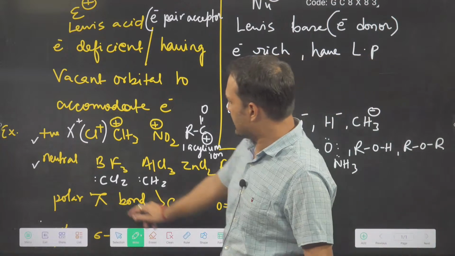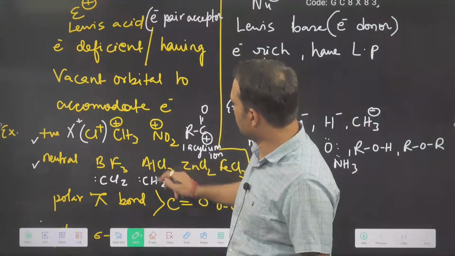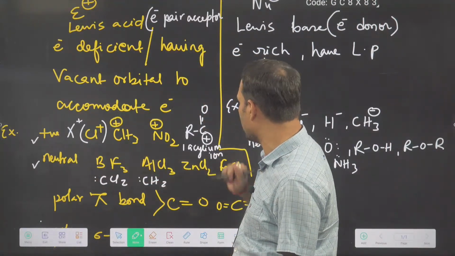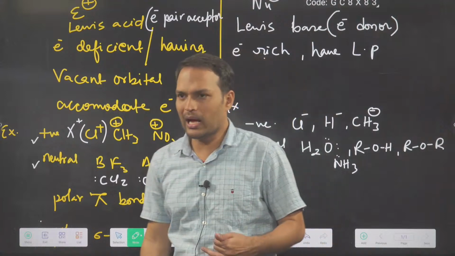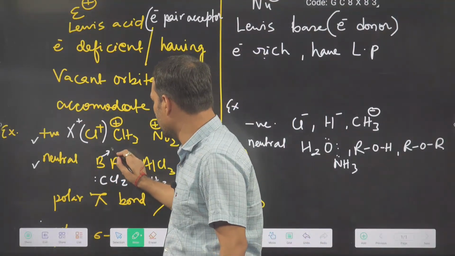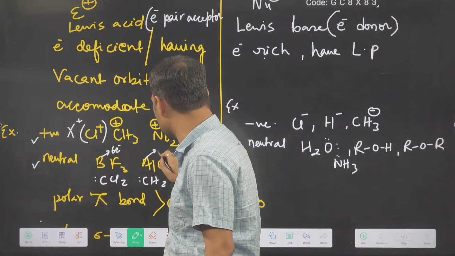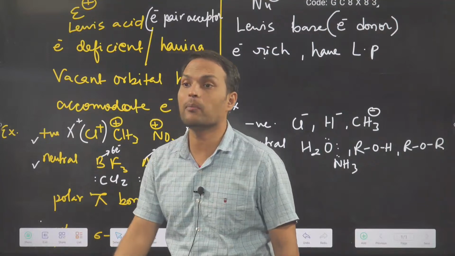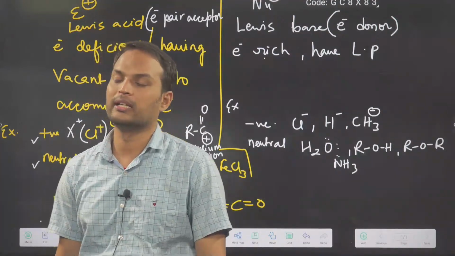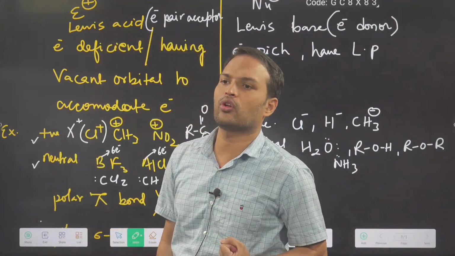Okay, then you will see examples in this also. Ki neutral BF3 is there, AlCl3 is there, ZnCl2 is there, FeCl3 is there. Now what happens na? Ki BF3 and AlCl3, these are having less electrons, 6 electron only. They have incomplete octet. So that's why they take electron pair.